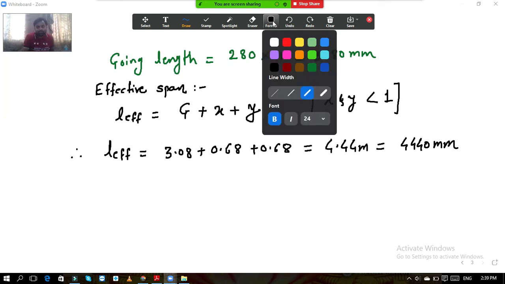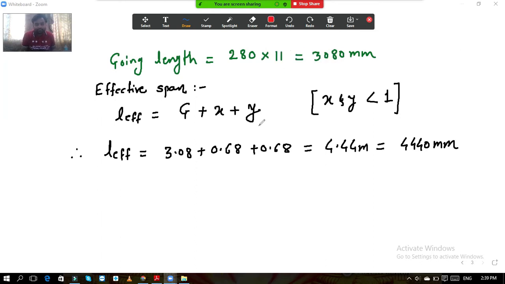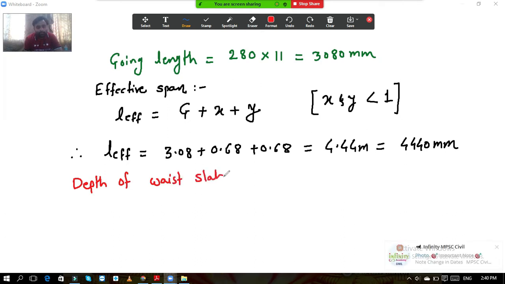Now the rest of the procedure is the same again. So after this we will calculate the depth. So I will give the heading depth of waist slab. So you copy it down. Depth of waist slab. So what will we assume?